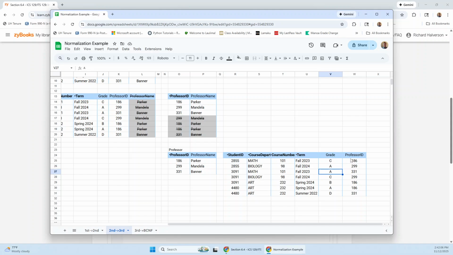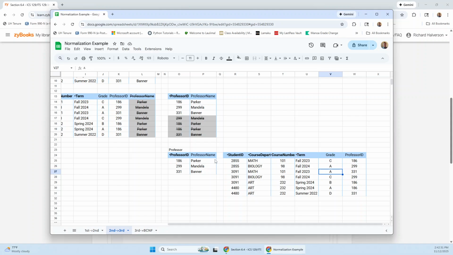Okay, but this whole thing is in third normal form because we don't have any non-key columns depending on part of the primary key. That makes it second normal form. But then we also don't have any non-key columns that depend on some other non-key.